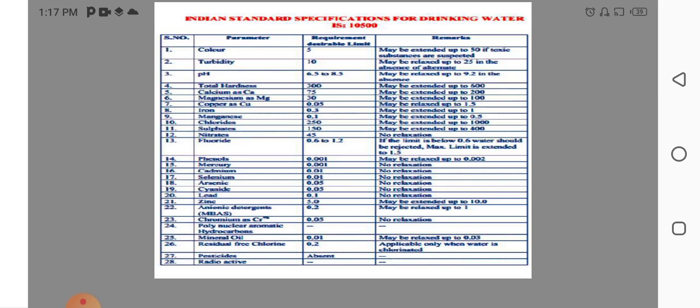These are some of the physical and chemical properties according to the IS 10500 Indian standard.